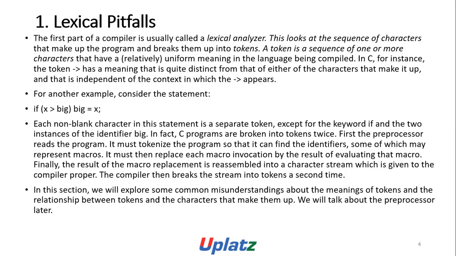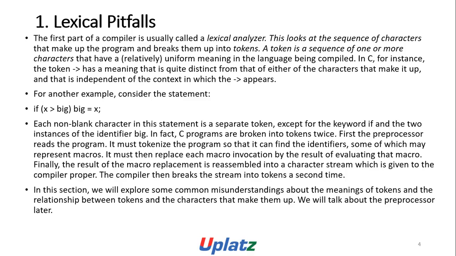Each non-blank character in this statement is a separate token, except for the keyword if and the two instances of the identifier big. In fact, C programs are broken into tokens twice. First, a preprocessor reads the program. It must tokenize the program so that it can find the identifiers, some of which may represent macros. It must then replace each macro invocation by the result of evaluating that macro.